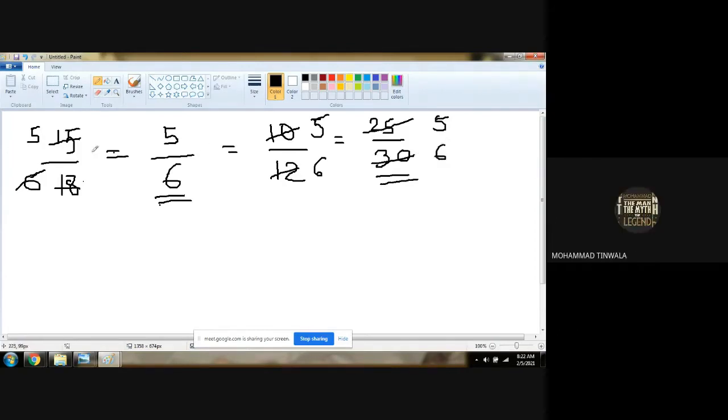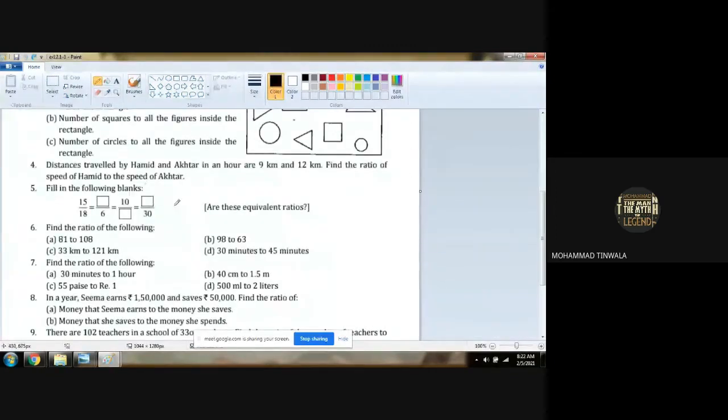You got 5 upon 6 in the simplest form. 5 upon 6 is the base, which is the smallest one. So all the given fractions are equivalent, and the numbers we got are 5, 12, and 25. Understood, boys?